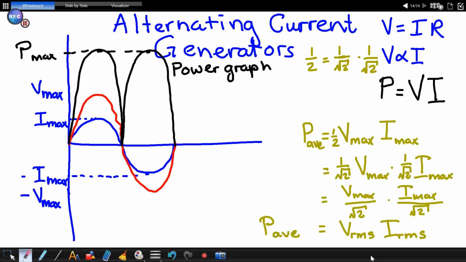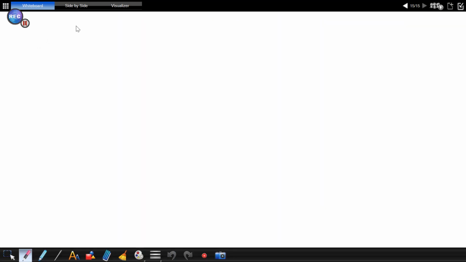I just want to put these equations on separately.